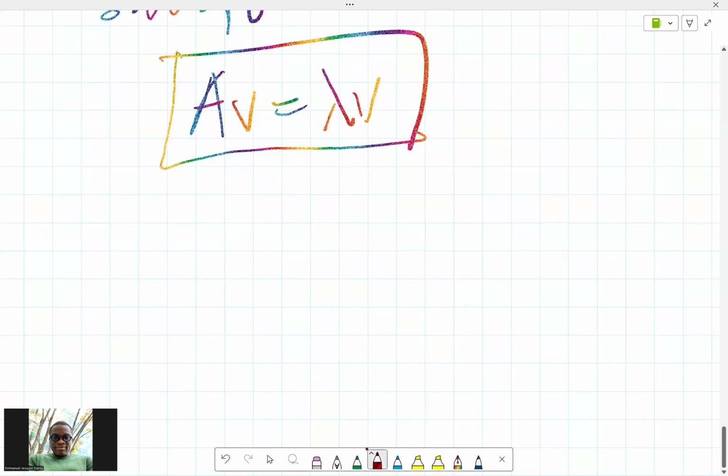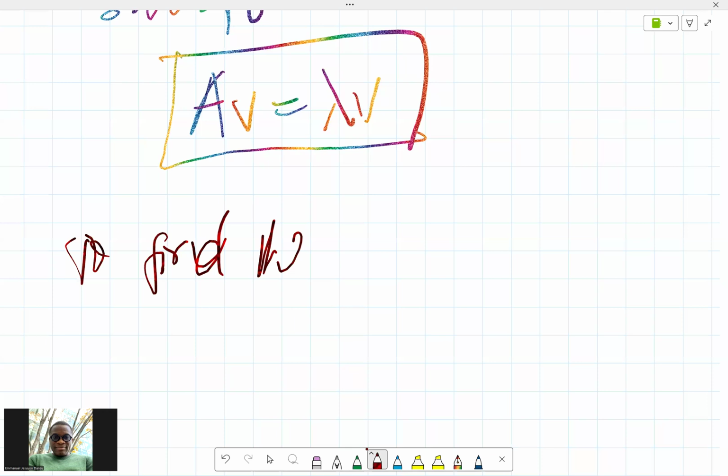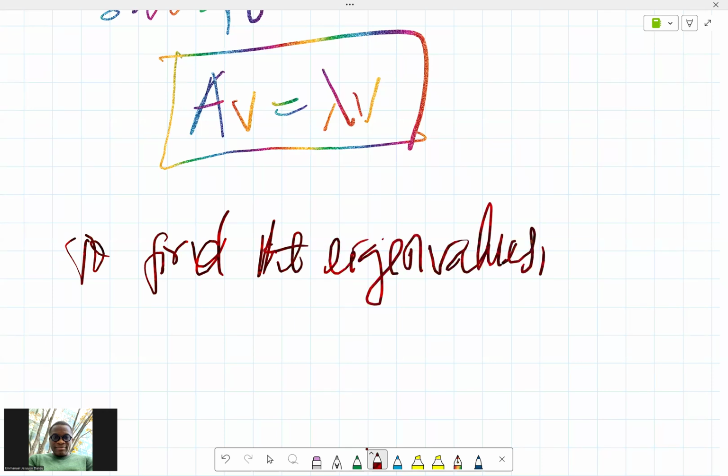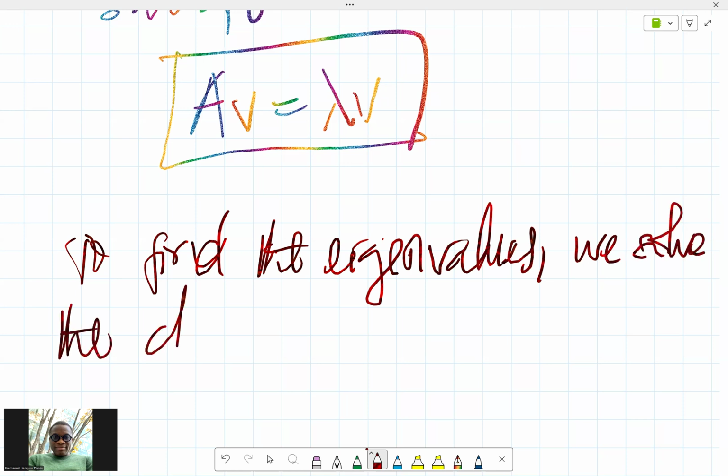But then to find the eigenvalues, we solve the characteristic equation. I think we did an example along this line in the previous video.